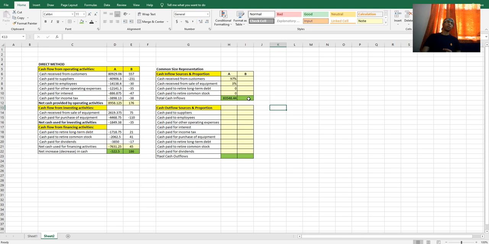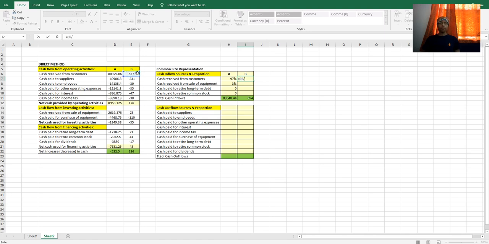Same thing we do for this one. So for B, the inflows are 557 plus 75 from sale of equipment plus 21 from debt and 41 from stocks. Now we'll be representing the percentages here. This is equal to 557 by 694.